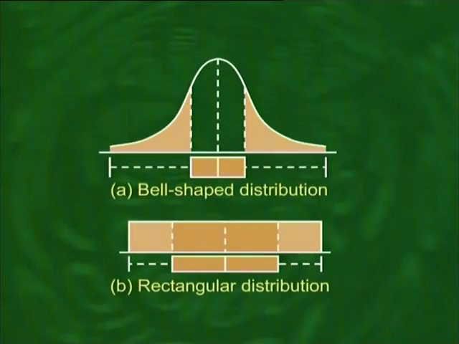Although the rectangular distribution is not encountered as frequently as the hump-shaped distribution, this is also a very useful distribution to describe the concept of absolute symmetry.